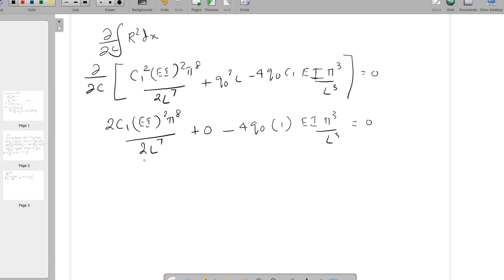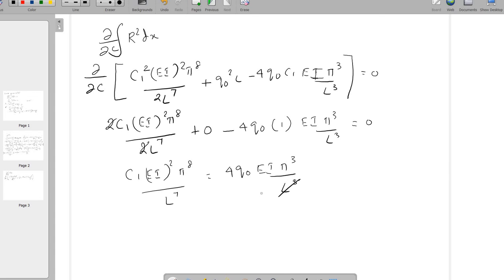So it is 1. So cancel 2 and 2 and keep this term on the left side because we are aiming to find out the value of constant. Then only we can complete the deflection formula. Keeping this second term on the right side, EI pi cube by L cube.